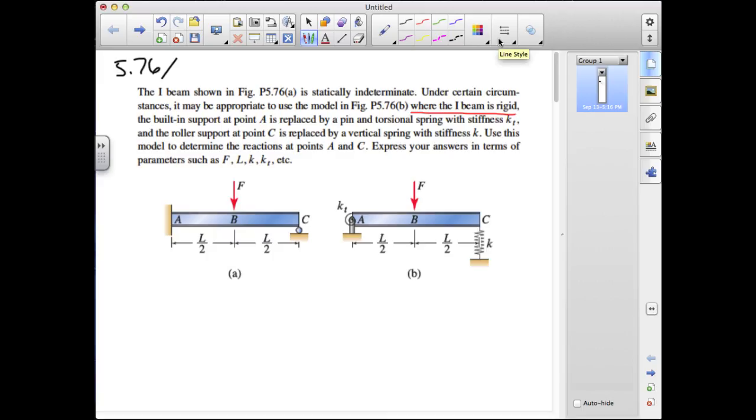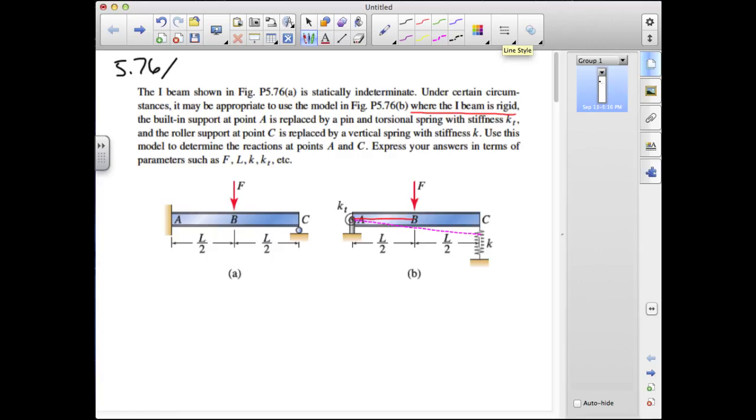So as I mentioned, the key phrase in this problem is that we're treating the I-beam as rigid, and that may or may not be a valid assumption, but if we are treating it as rigid, that tells us something about how it's going to deflect in the model at B. Under this force, it's going to experience a vertical deflection at C, but if it's rigid, it's going to be experiencing a rigid body rotation about A, and the deflected shape will just be a straight line.